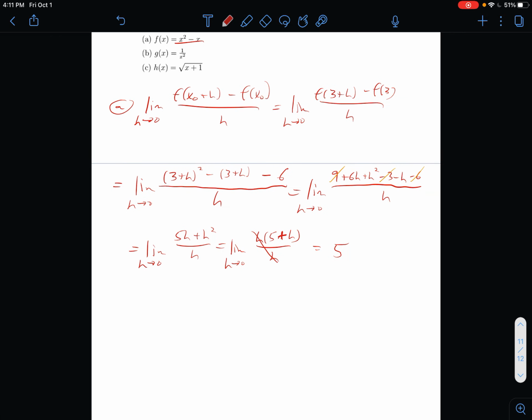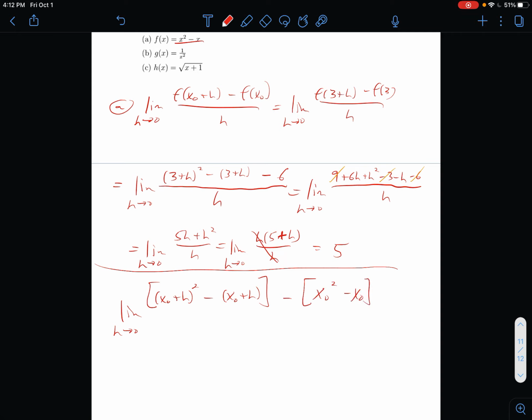Now the generic version would be the limit as h goes to 0 of f of x naught plus h. This is the very generic version of that function applied to x naught plus h, minus the same function applied to x naught.